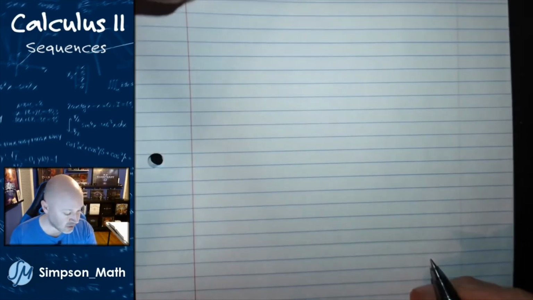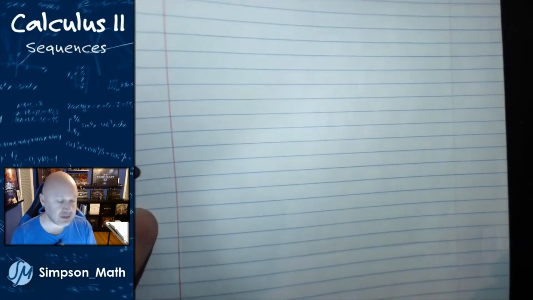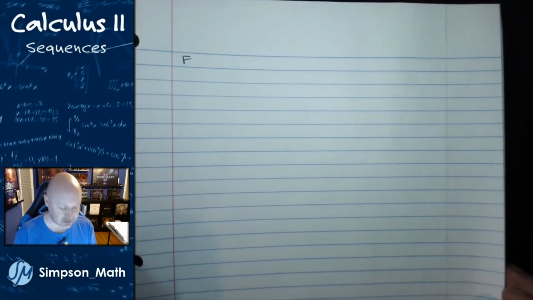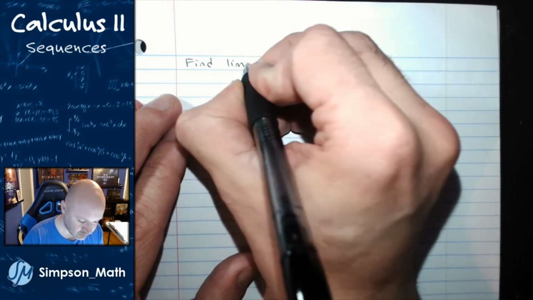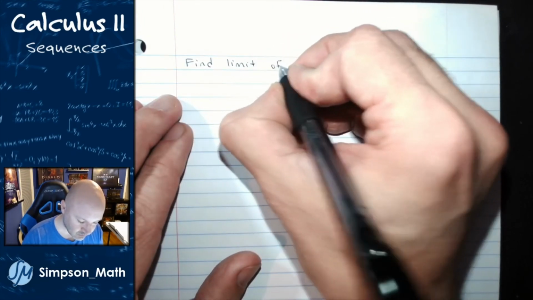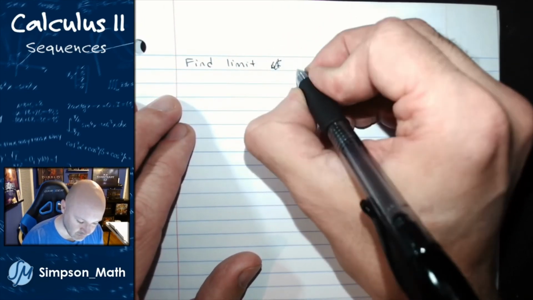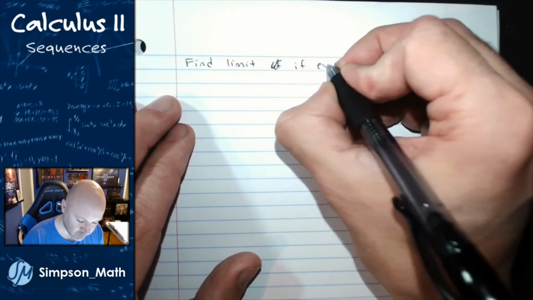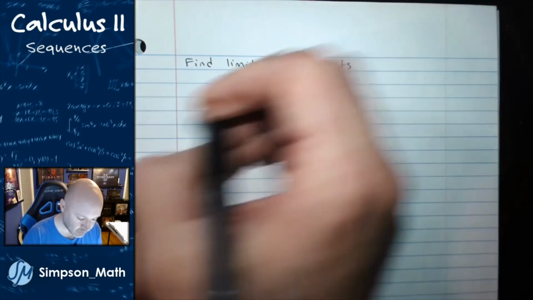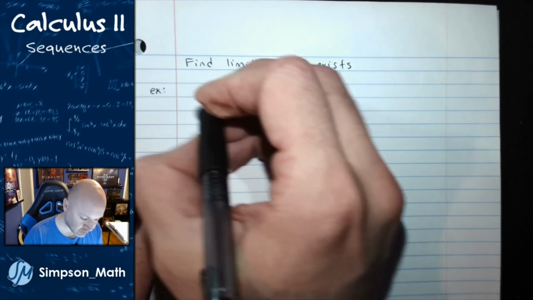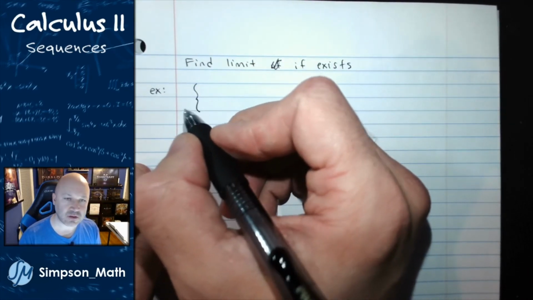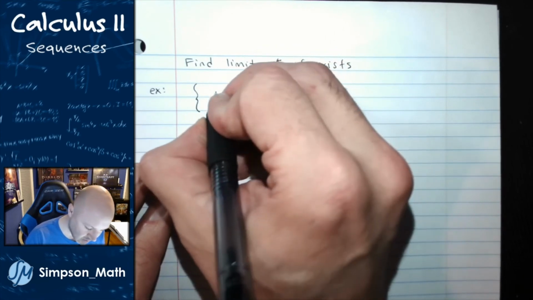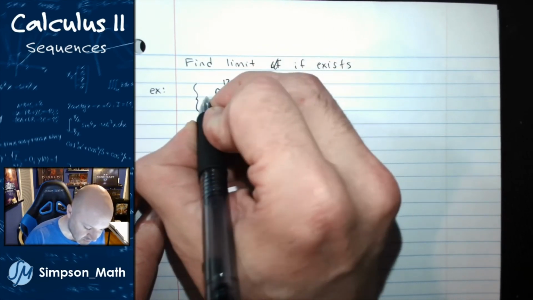For the next examples, I want to just find the limit, if they exist. I'm going to use this set/sequence notation, but I'm going to give you the closed form.